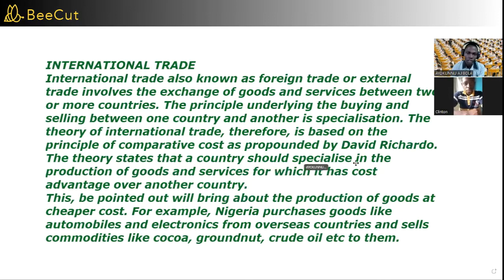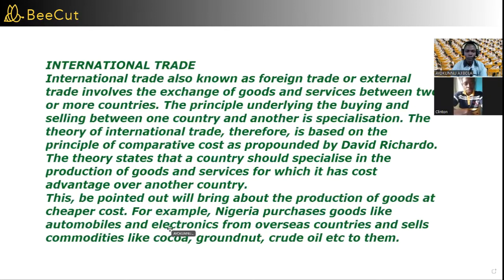So the theory said that a country should specialize in the production of goods and services for which it has a cost advantage over another country. But if it's going to cost that country much more to produce it than it is in another country, then it is not advisable for such a country to specialize in that kind of trade. This is to bring out the production of goods at a cheaper cost.